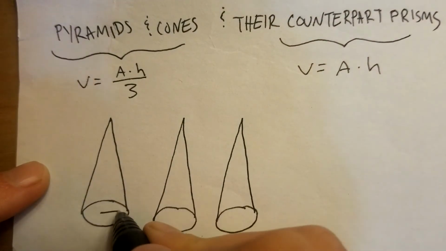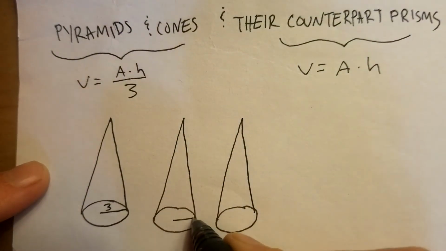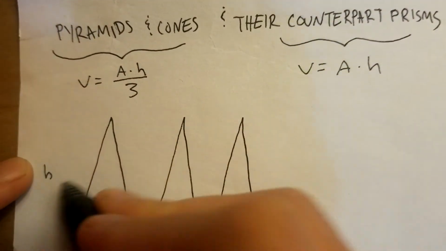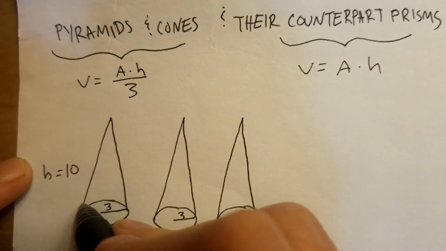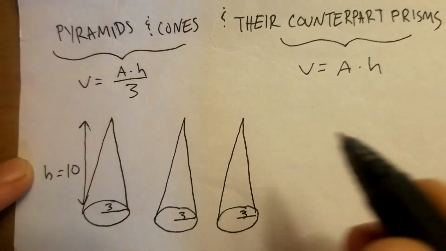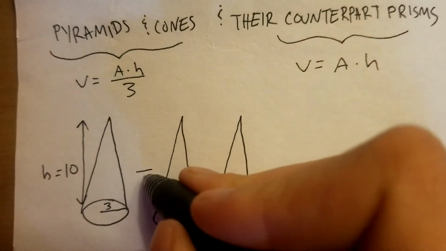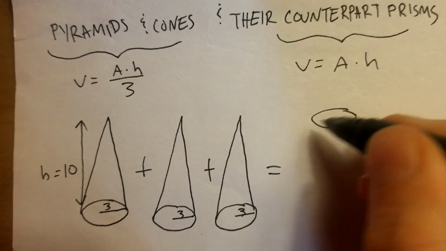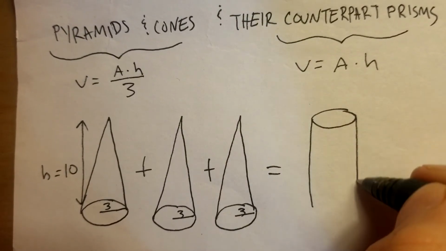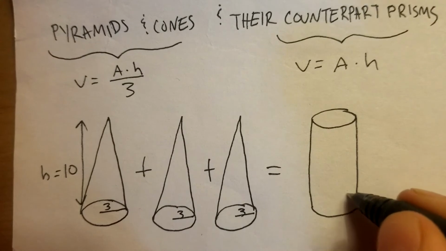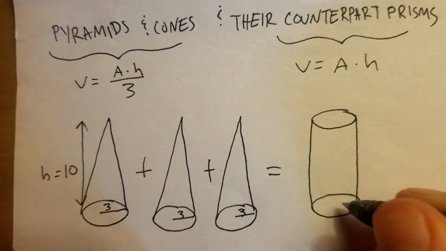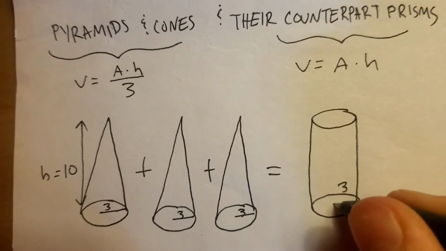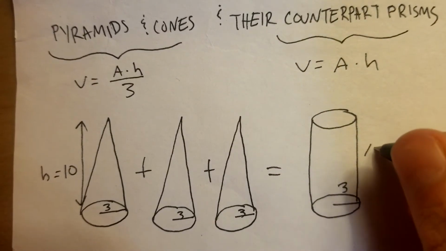Each has a radius of 3 and a height of 10. If you added the volumes up, it would equal the volume of its counterpart cylinder, which in this case also has a radius of 3 and a height of 10.